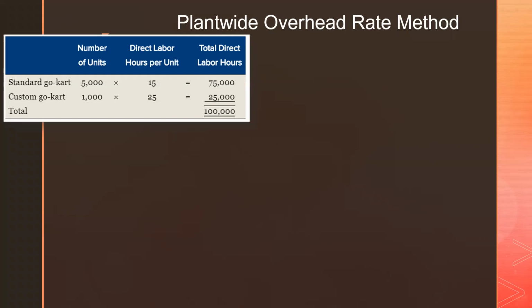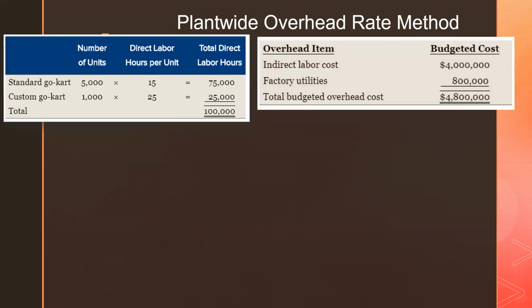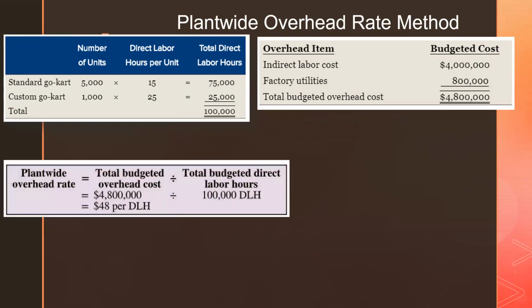So we're going to multiply that times 25 hours per, which gives us 25,000 hours to make the custom go-karts. When we add those together, we are going to spend a total of 100,000 hours making these two types of go-karts. We've got two products. Our overhead cost, we are estimating, is going to total $4,800,000.